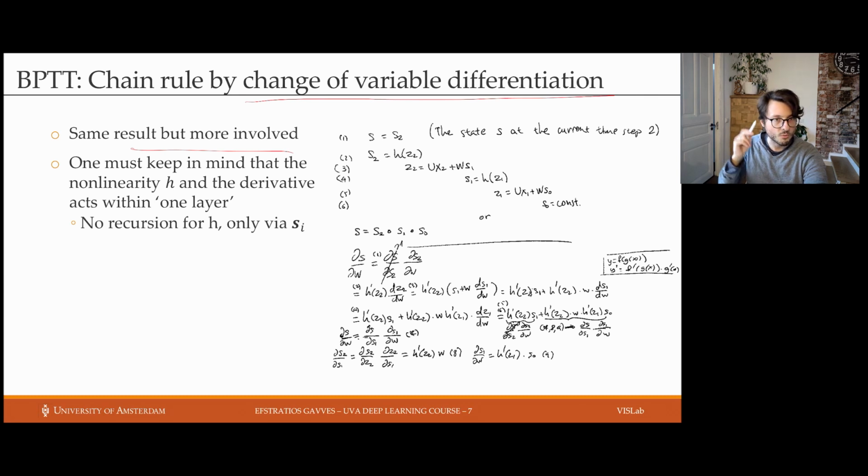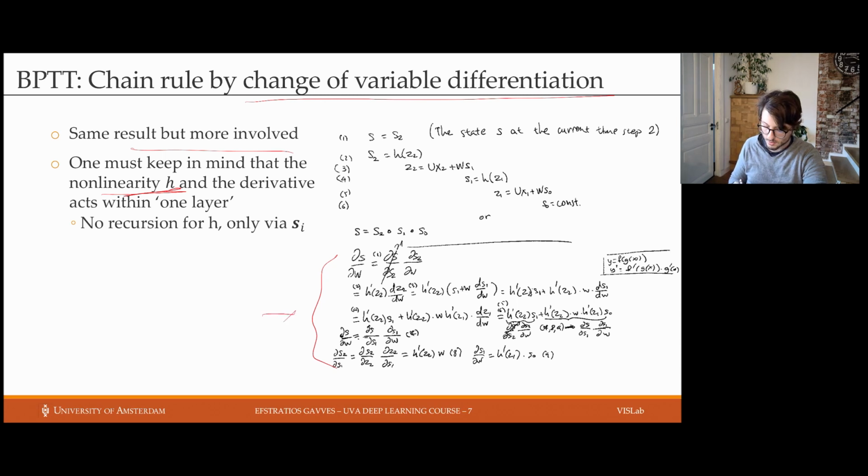We have to make some mental notes. For instance, we have to treat the nonlinearity H as literally a single function which receives an input, a variable like z1, without having to unfold it further. So no recursion for that in our computations. By doing so, we arrive at exactly the same results.